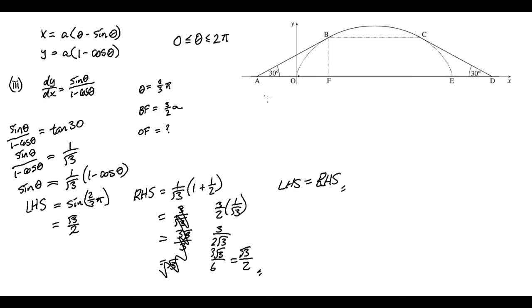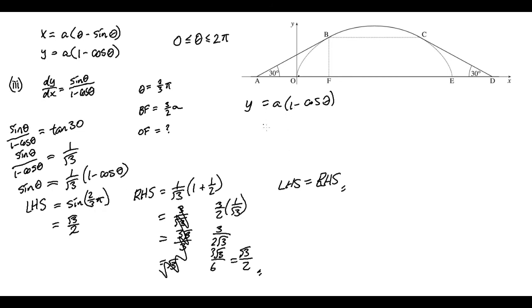So let's see, because I want to find y, and that's a times 1 minus cos theta, and I'm looking for the b coordinate, and we know that sine of the b, no, this is actually c coordinate, isn't it? So this is not useful to us.